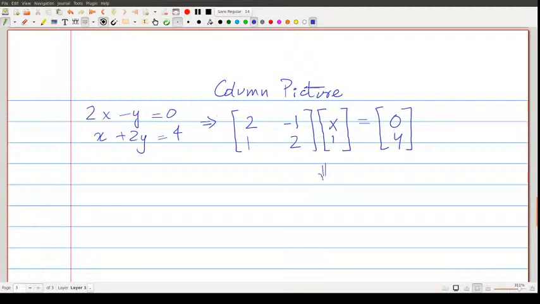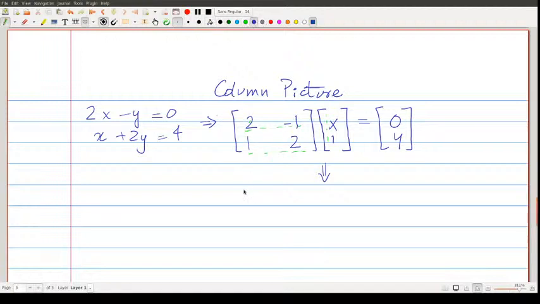I can rewrite this system as if I multiply this matrix with this column, I'm sure you're aware that we do a row by column. So you take this row and you take the dot product. If you don't know what a dot product is, it's basically the first entry of this row times the first entry of this column, and the second entry of this row times the second entry of this column.